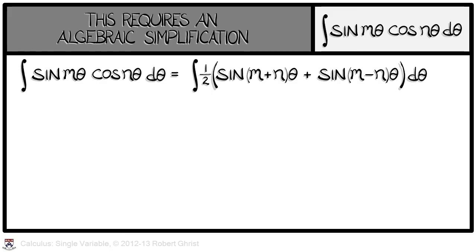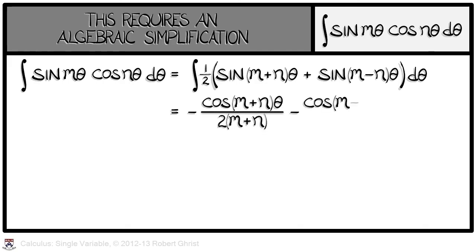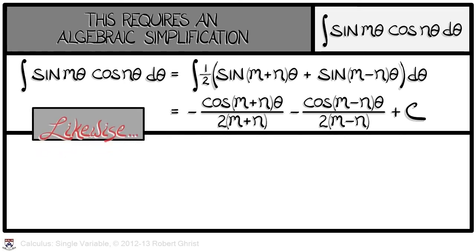If we integrate both sides with respect to theta, then we obtain the formula negative cosine m plus n theta over 2 times quantity m plus n minus cosine of m minus n theta over twice quantity m minus n. And you can see here why m and n have to be different.